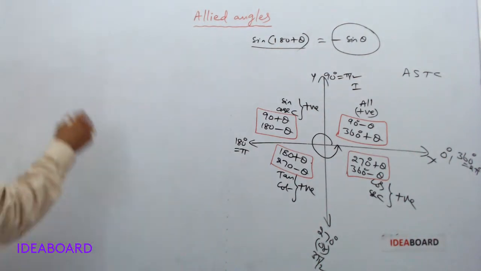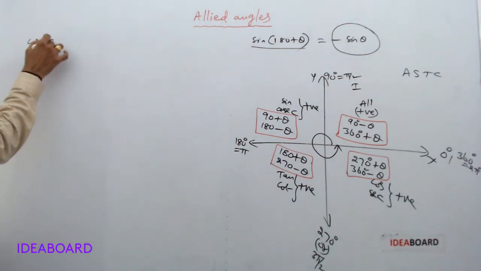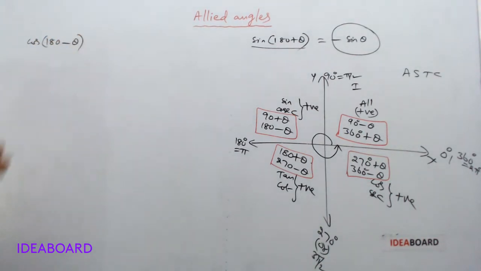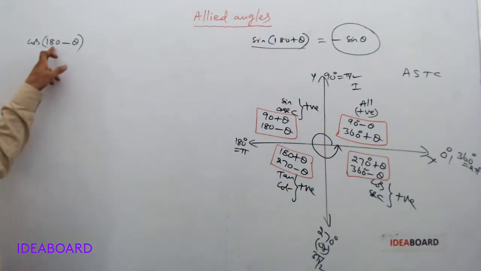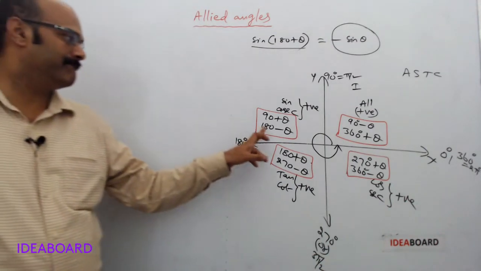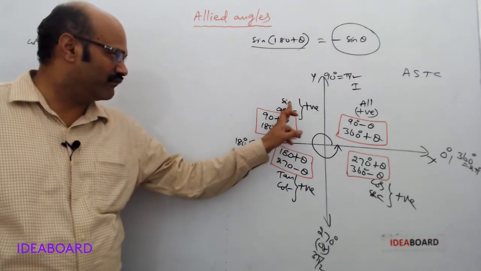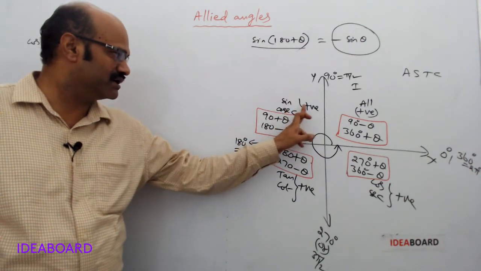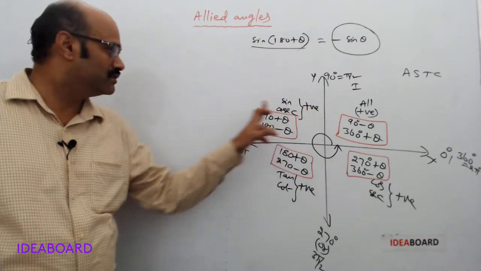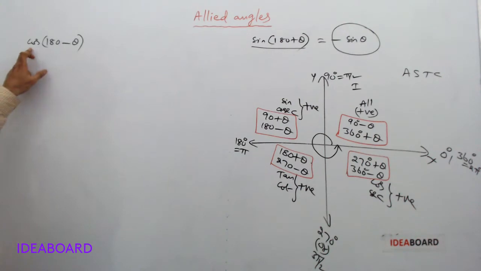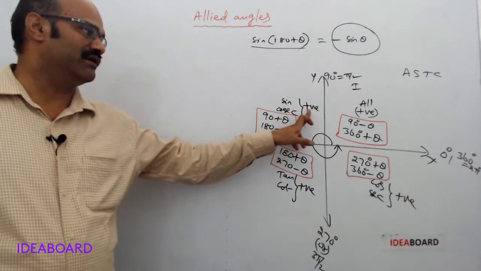Now let me take cos of 180 minus theta. 180 minus theta lies in the second quadrant. In the second quadrant, what are positive? Sin and cosecant are positive. What about cos? In the second quadrant, it is negative.